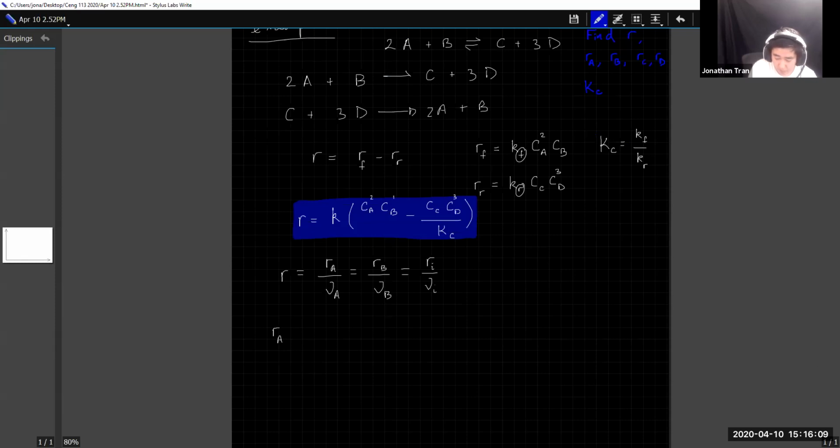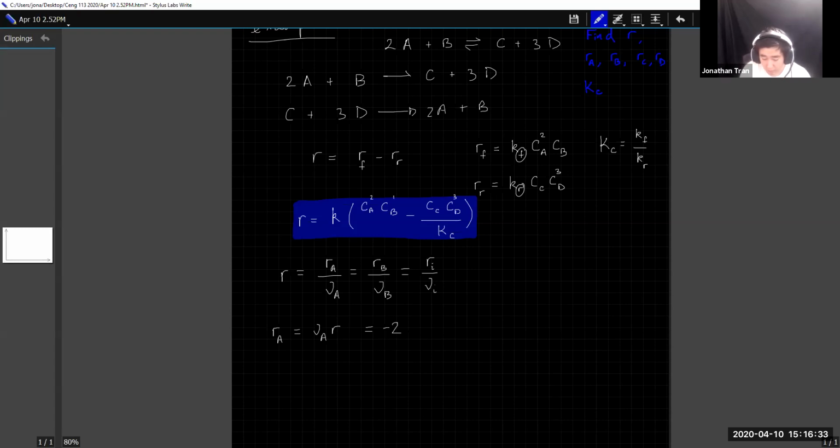So we can say that R_A is going to be equal to nu_A times the rate law that we already found for the reversible reaction. This is going to simply be -2. Keep in mind that the stoichiometric coefficients for the reactants are still going to be negative.